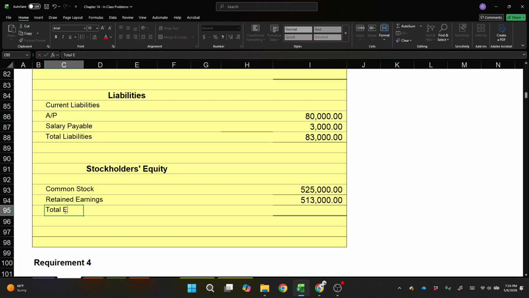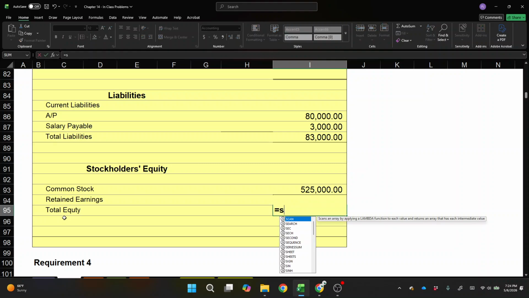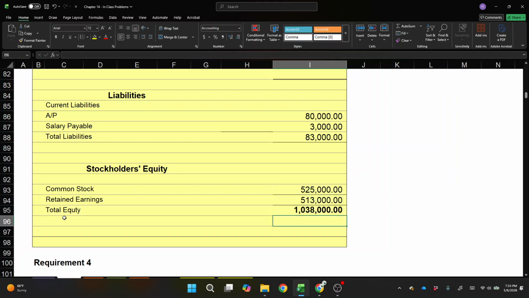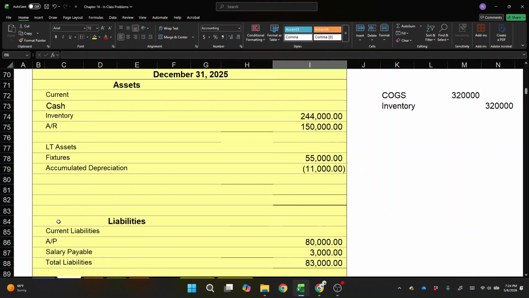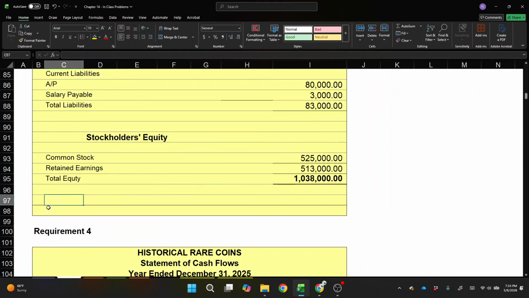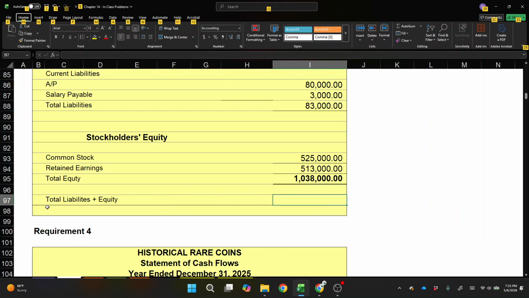So our total equity, 600 and something. Okay, so our total liabilities plus equity is equal to this plus this.